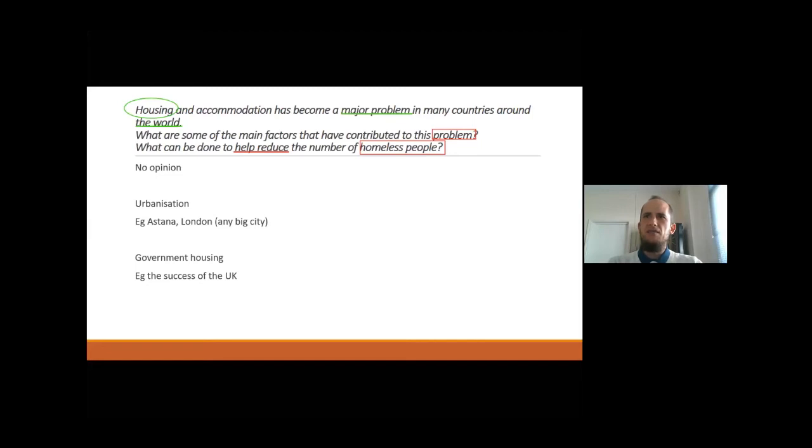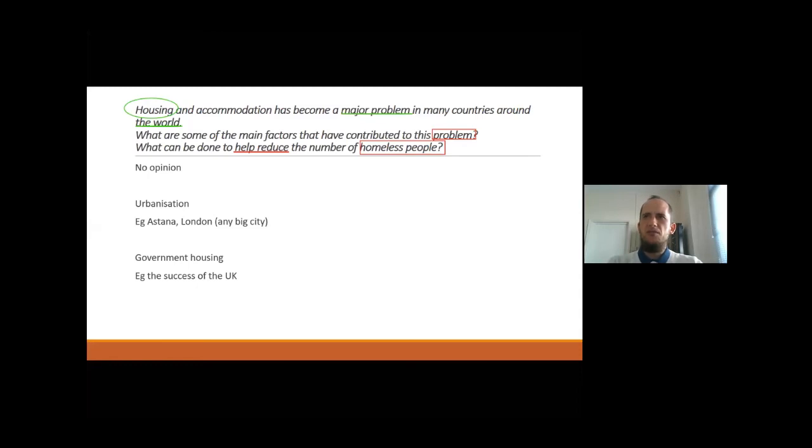So one of the many factors that has contributed to the problem of a shortage of accommodation is urbanization. I'll explain what I mean by urbanization. I'll give a clear example, which I already have, and I can maybe write about Astana, give my example there, and then just give a concluding thought.